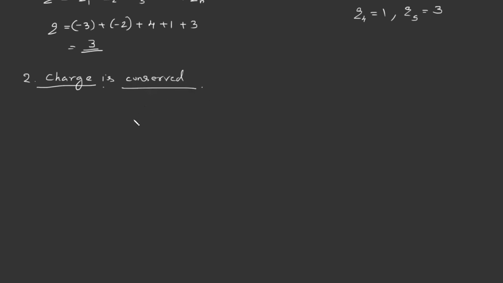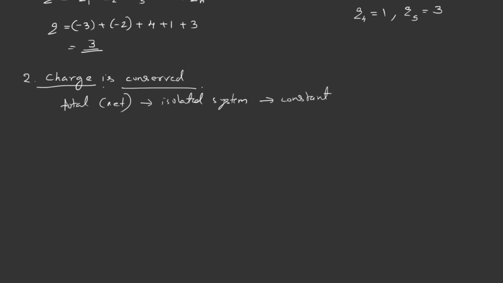Conservation always tells us that the total or net quantity in an isolated system is always constant. So remember here the charge. So net charge in an isolated system is a constant. That is what the conservation of charge says to us.